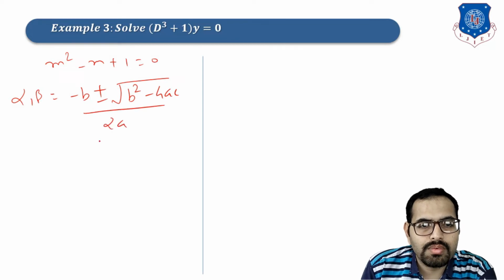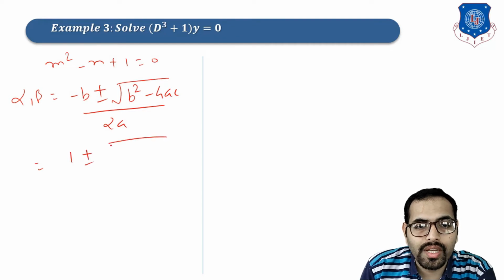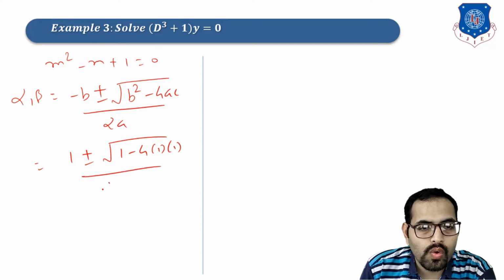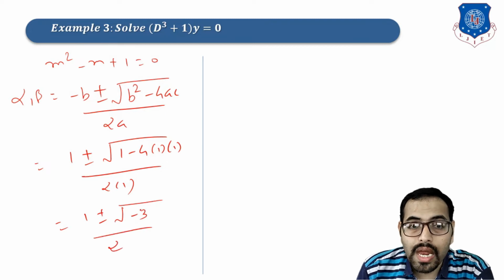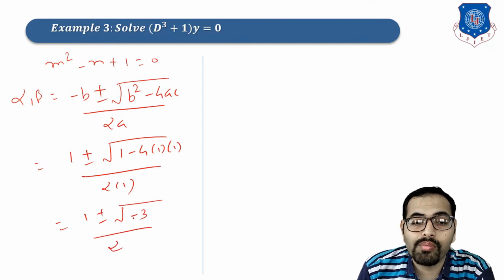Substituting the values a, b, c, with b equal to minus 1, we get (1 plus or minus root of (1 minus 4 into 1 into 1)) upon 2 into 1, that is 1 plus or minus root of minus 3 upon 2.